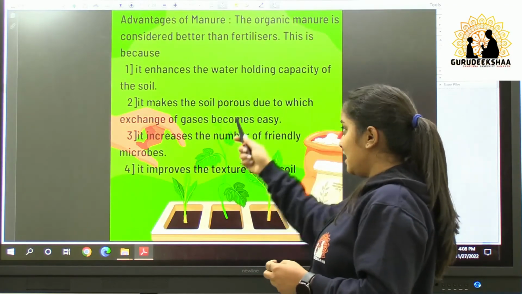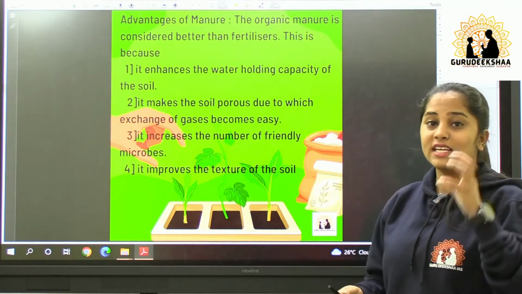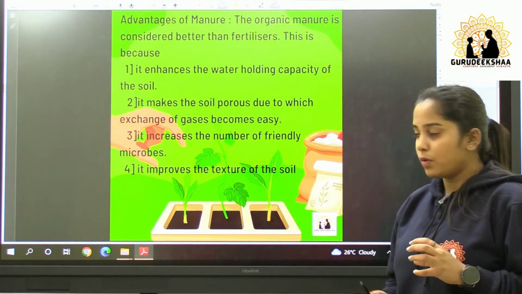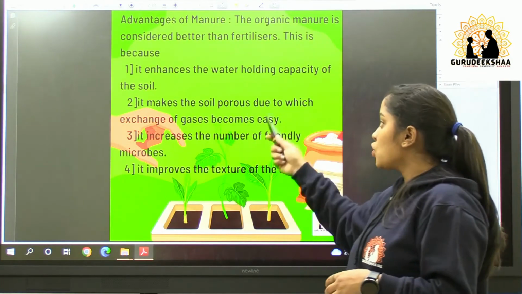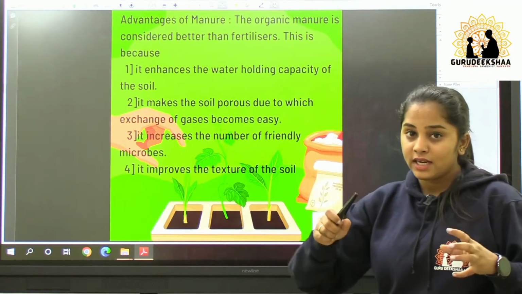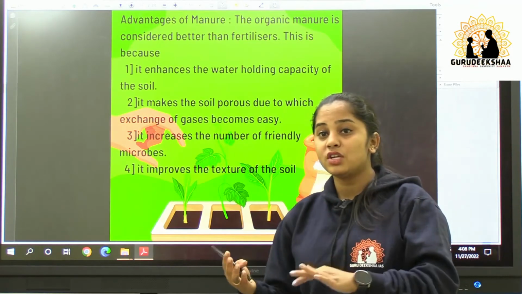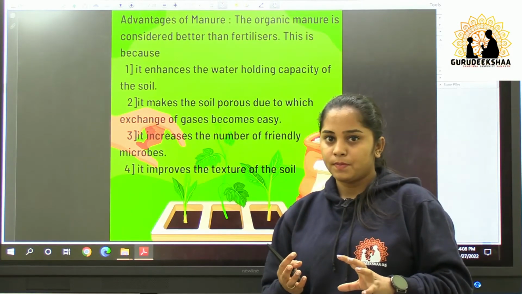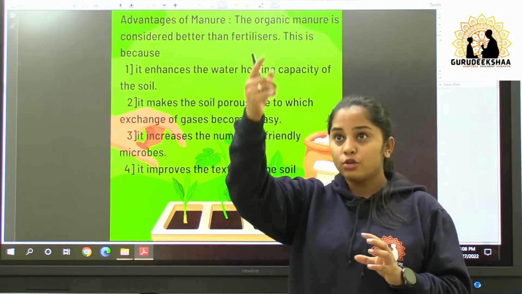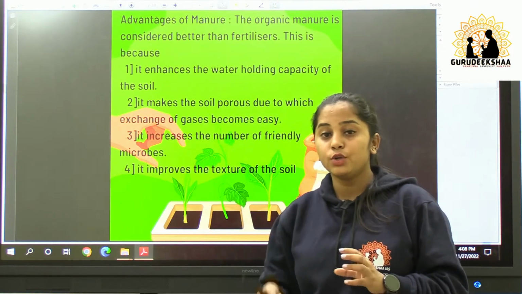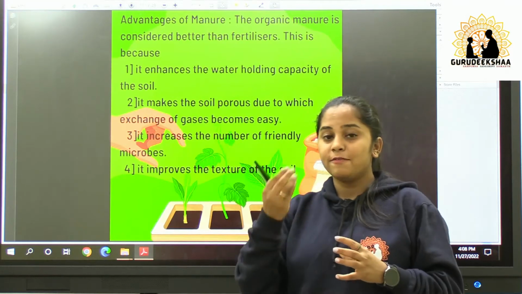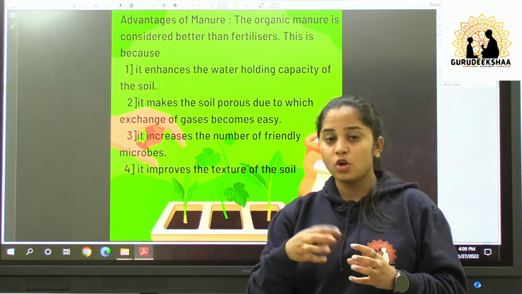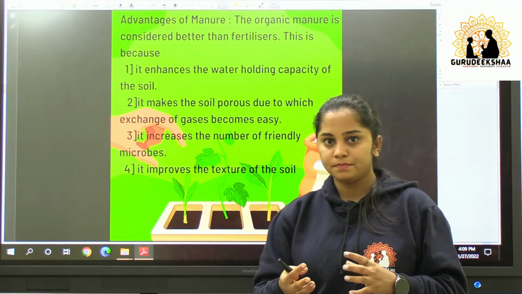This is done only when the soil is porous. So the manure helps the soil get porous, so that there will be an easy exchange of gases, where the nitrogen gas is converted into nitrogen compounds, which supply very good energy and nutrients to the plant.